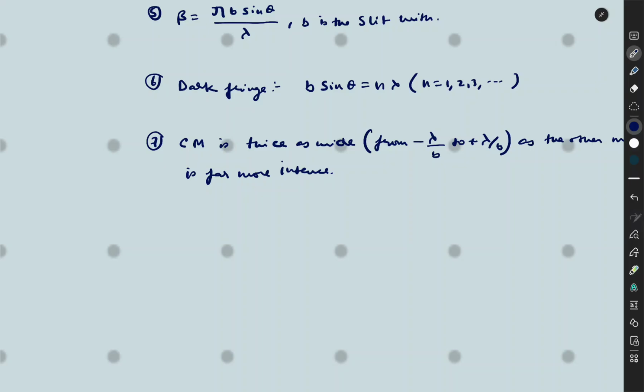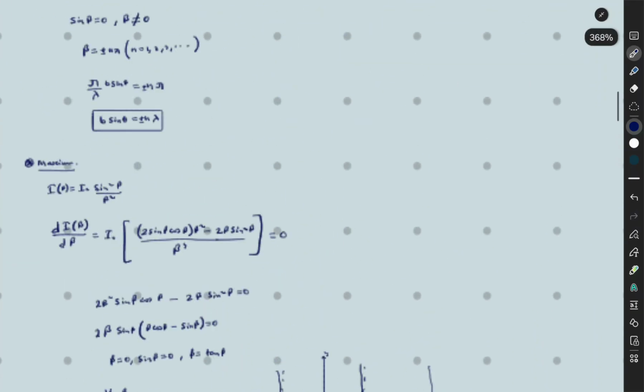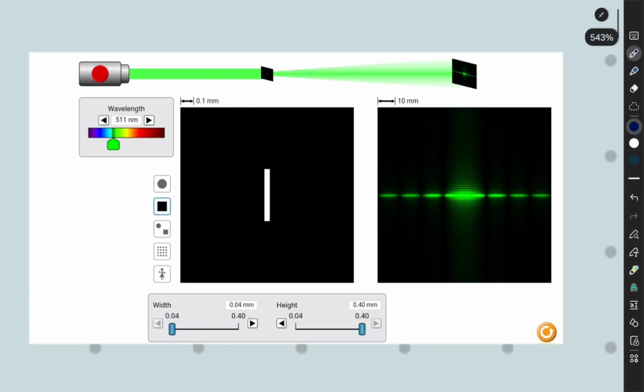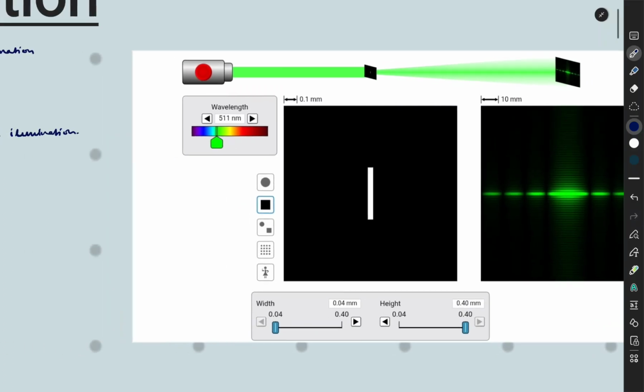So if we give a summary of today's lecture, today we started with a simple observation that light passes through a narrow slit, as in the simulation that we saw, which creates a complex pattern. We used the Huygens principle to model this, treating the slit as an infinite number of wave sources.